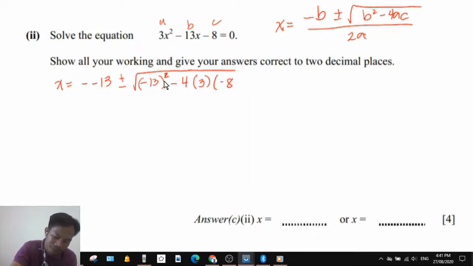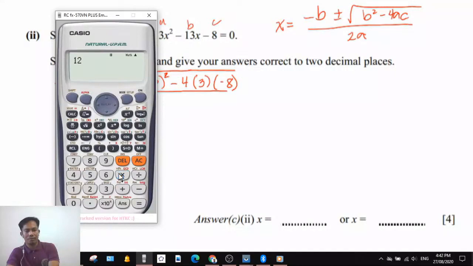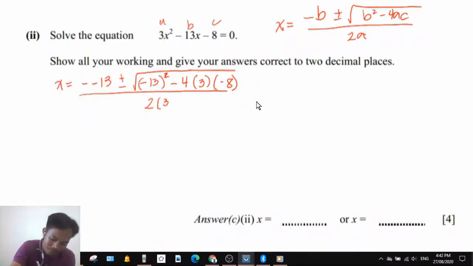I'll have now x is equivalent to 13 plus or minus the square root of negative 13 squared, which is 169, minus, so it will become plus already, 4 times 3 is 12, 12 times 8 is equal to 96, divided by 6.